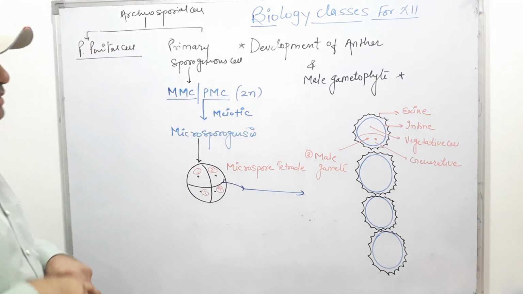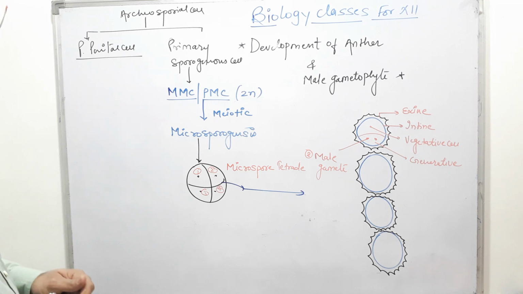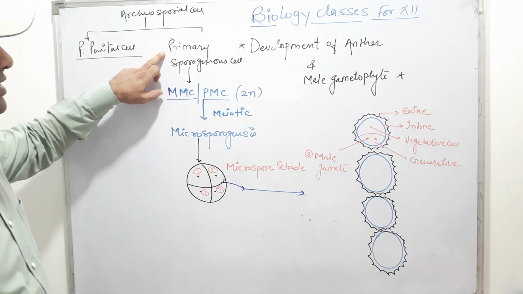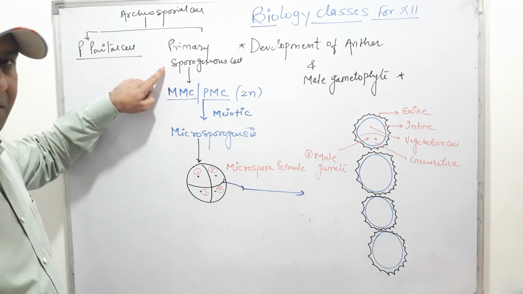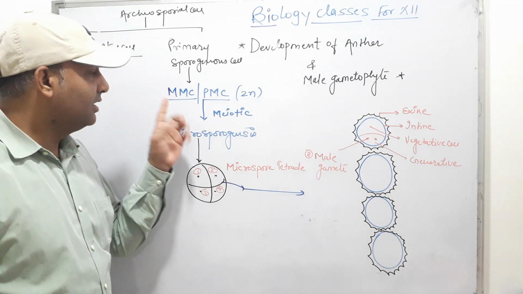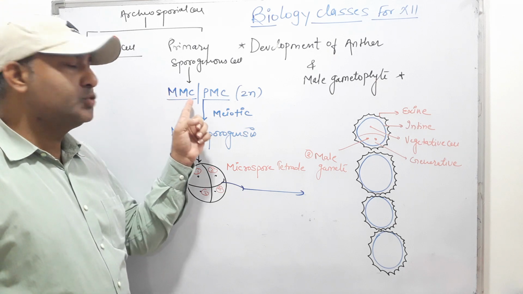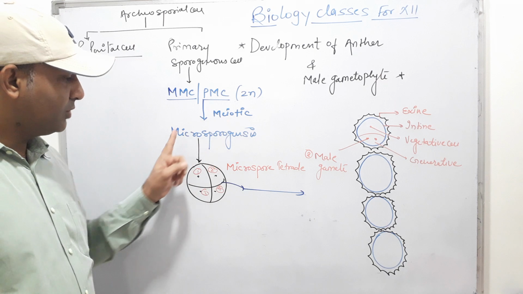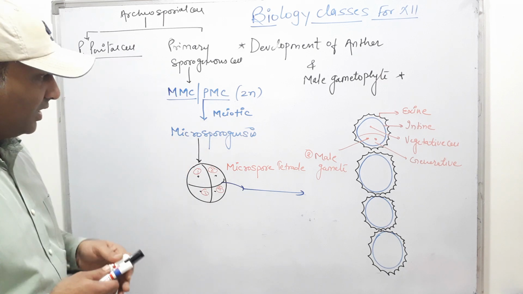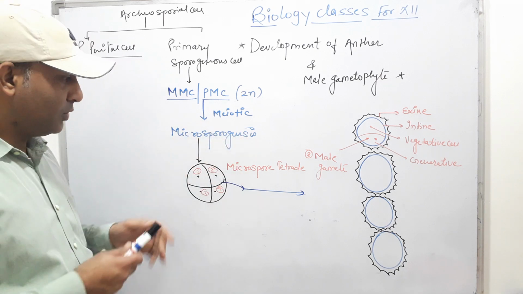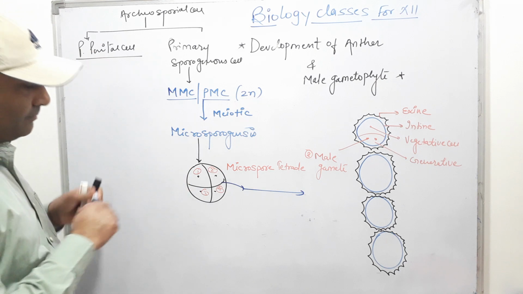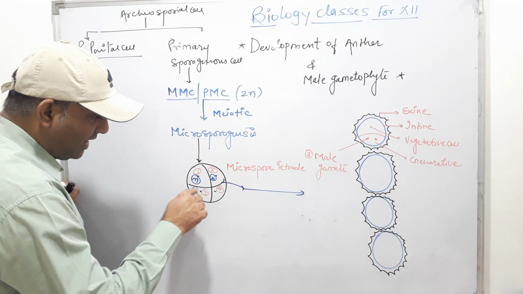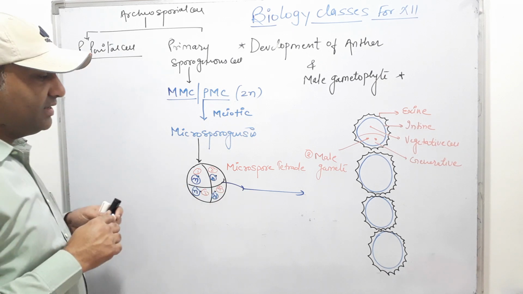So again, repeat the development of male gametophyte. Microsporogenesis: the archesporial cell produces a primary sporogenous cell. The primary sporogenous cell produces the MMC, the microspore mother cell, ploidy 2n. Now it undergoes meiotic division and produces microspores. The process is called microsporogenesis and produces a microspore tetrad. All the microspores are haploid, n.